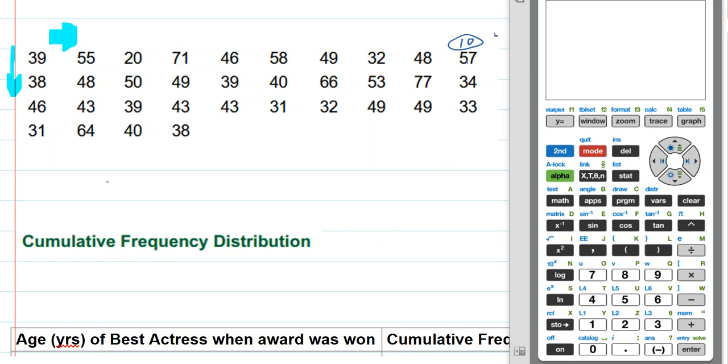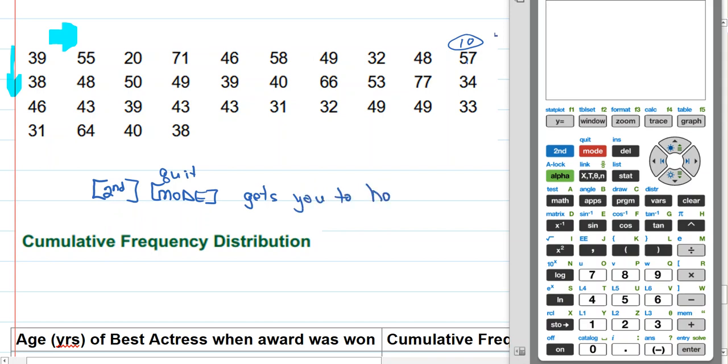I'll write it down. All right. So now I want to sort it.